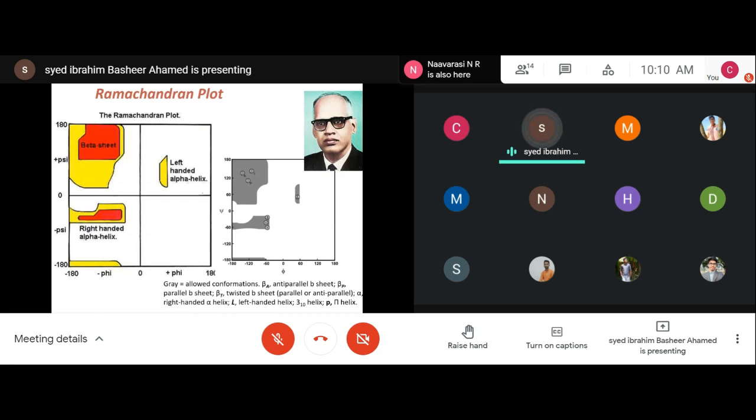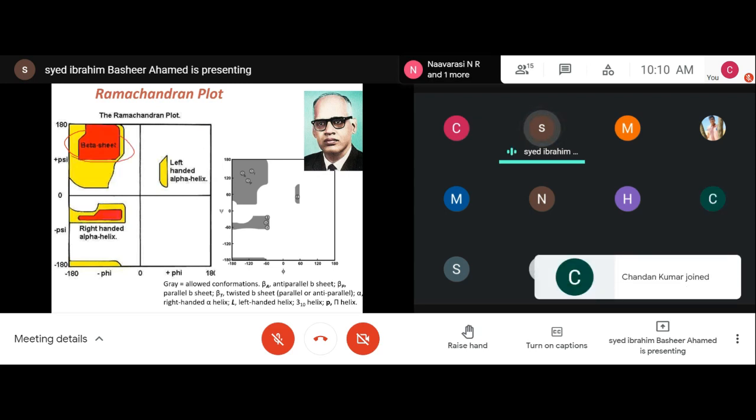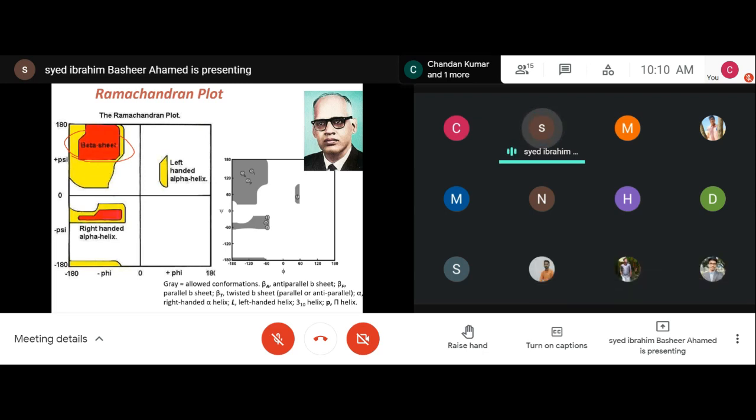In the Ramachandran plot, in the first quadrant, almost all the beta sheet will be found only in this region. The extended beta sheet you can find somewhere in this yellow shaded region.